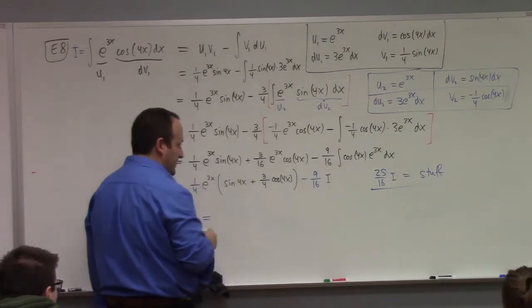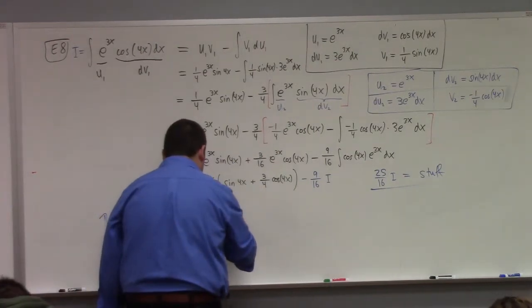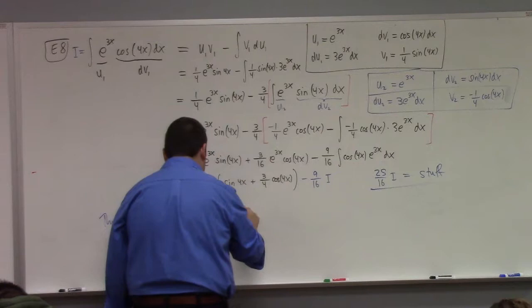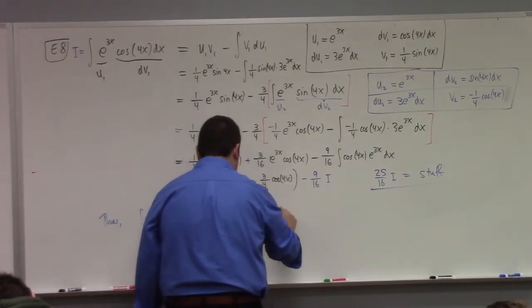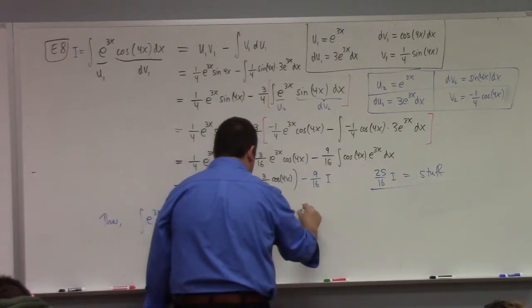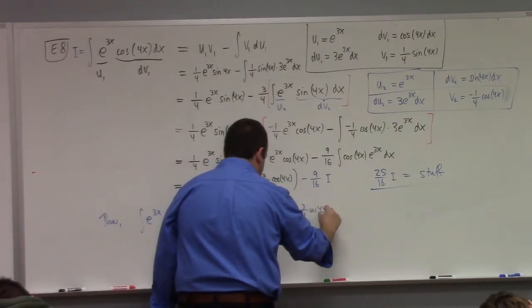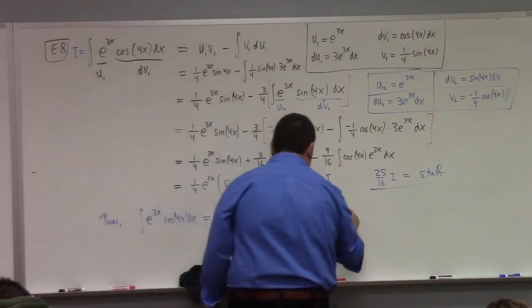So that means that the answer is 16/25 times the stuff. The stuff was 1/4 e to the 3x sine 4x plus 3/4 cosine 4x, plus a constant.